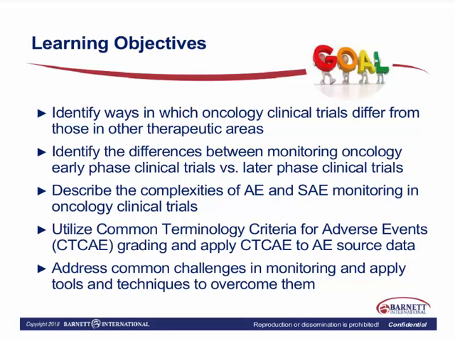Utilize the common terminology criteria for adverse events, or CTCAE grading, and apply CTCAE to AE source data. And finally, address the common challenges in monitoring and apply tools and techniques to overcome some of these challenges. So at the end of today's session, you should be able to apply this knowledge that you've learned to monitoring tasks, but specifically for studies in the oncology therapeutic area.